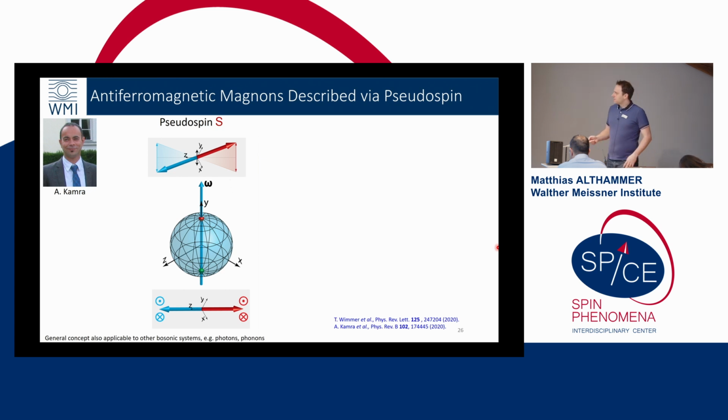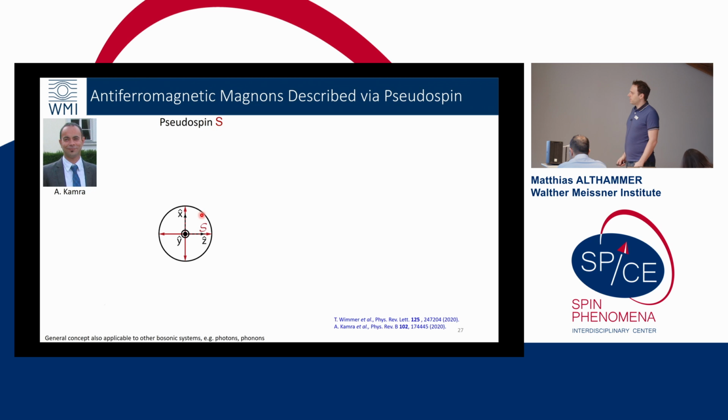As you can see here, we have this Bloch sphere, and here we have a mapping of this Bloch sphere onto different magnonic excitations. In this depiction, we have these two linearly polarized magnon modes sitting on these pole points. That will be the eigenstates of an easy-plane antiferromagnet.